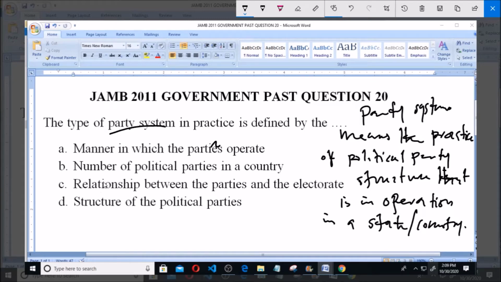So option A says manner in which the parties operate.